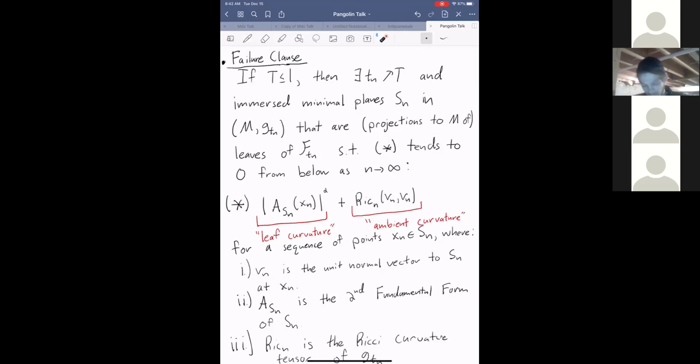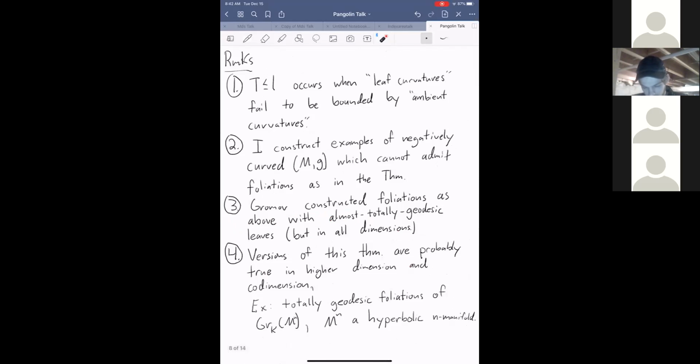All right, so some remarks on this. It's the case of big T being less than or equal to 1 when we can't actually construct foliations over the whole interval.